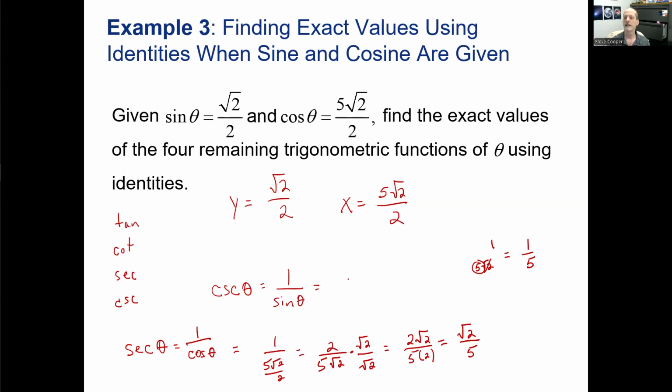So let's flip that sine. And then let's rationalize the denominator. It's going to be 2 times the square root of 2 over the square root of 2 times the square root of 2, which is 2. And then, of course, this simplifies to just the square root of 2.